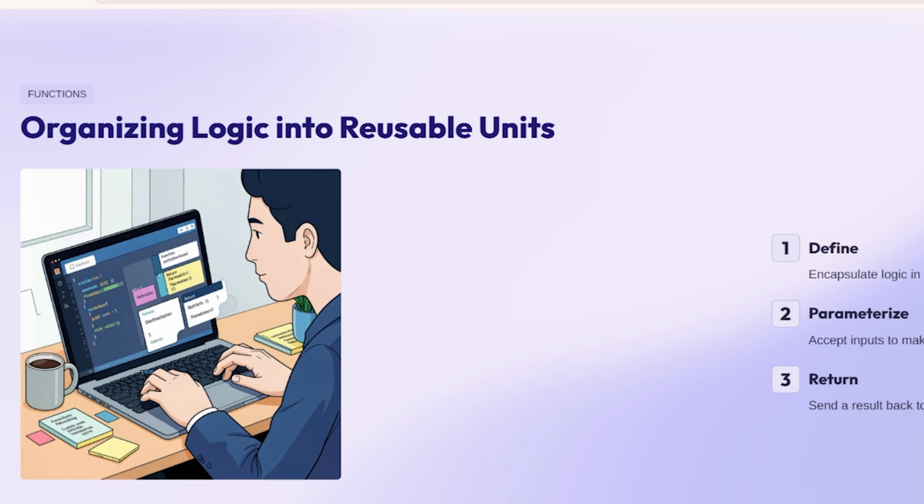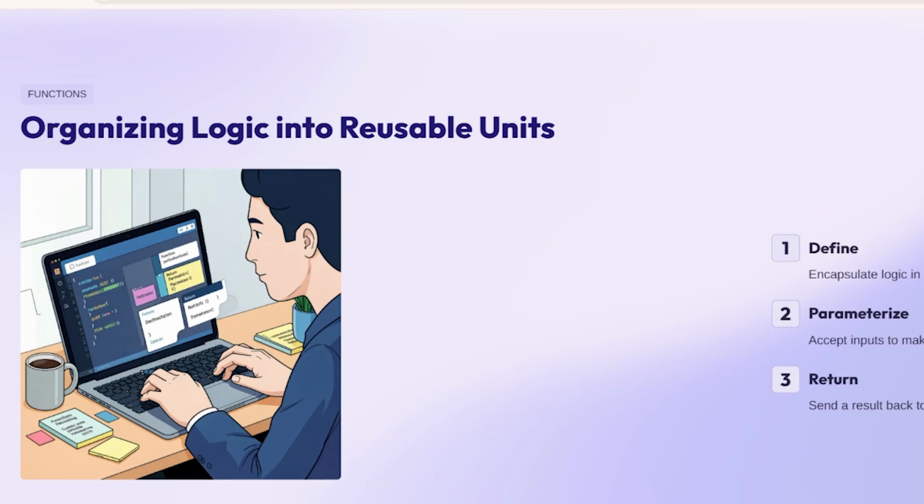Functions can also accept inputs which are called parameters. After performing some work, they can return a result. Like if you are adding some parameters, you can write a function, and the function will return one result. So the function helps to write clear, short and more organized code.